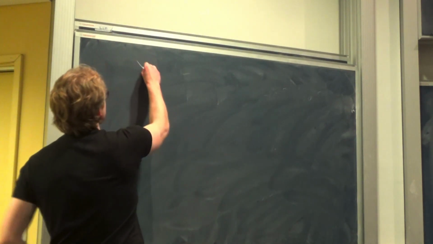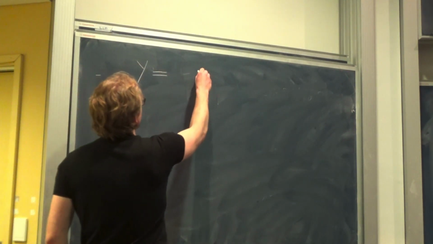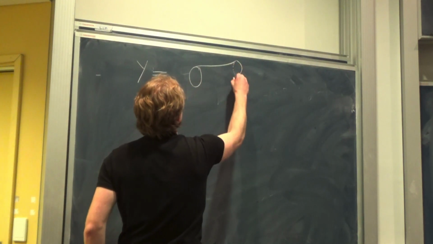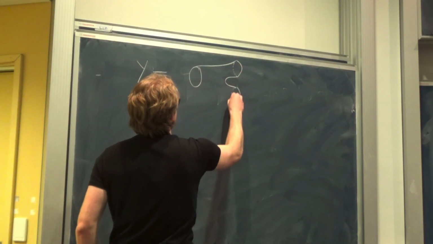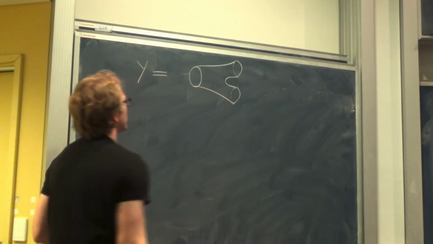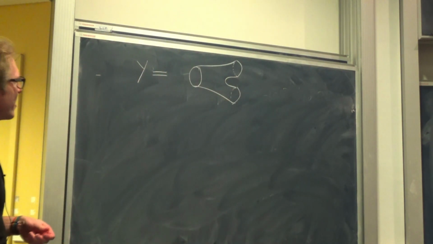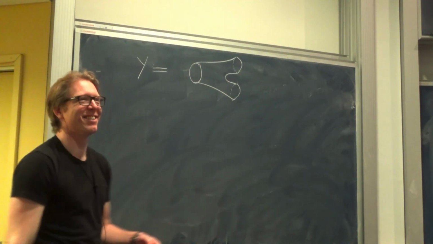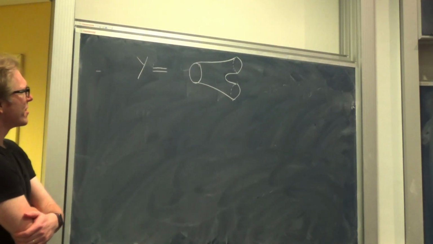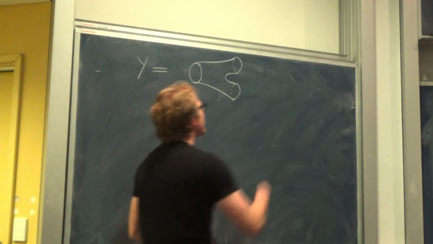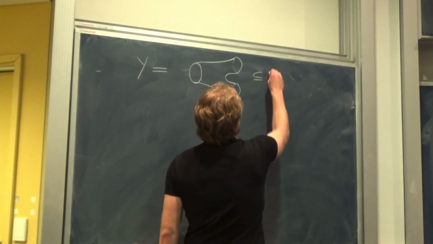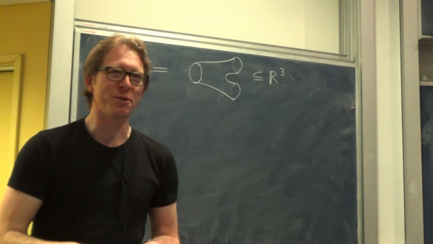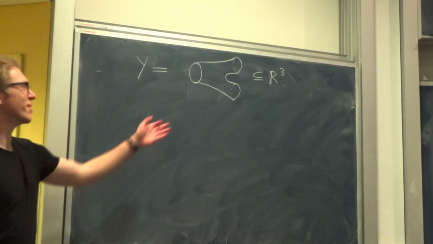So let y be this space, often called a pair of pants. Literally. What is that picture meant to be? I don't want to describe it as a set with equations, because that would be horrible, but you get the idea.